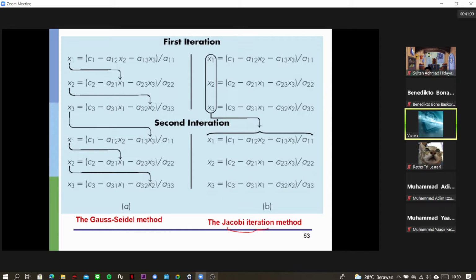We will divide the task so that each processor will perform 1 million equations. So in that case, the Jacobian method will be chosen.